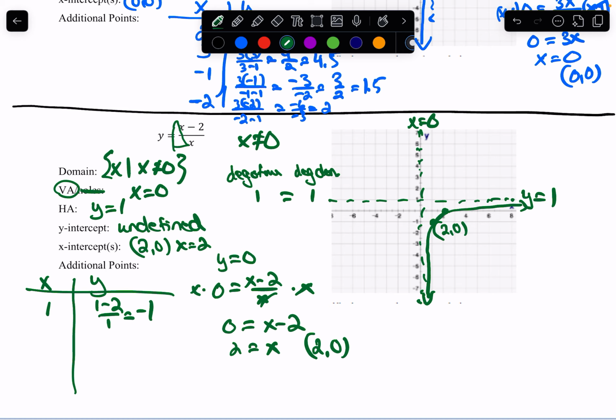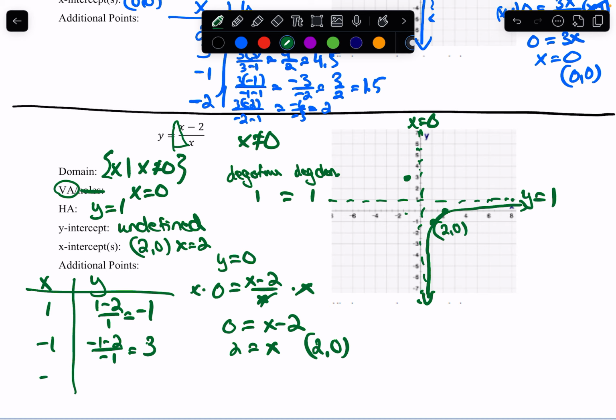Now, next, let's look at the negative x values. So let's plug in x equals negative 1. Negative 1 minus 2 over negative 1, which is going to be a positive 3. (Negative 1, 3) is right here.